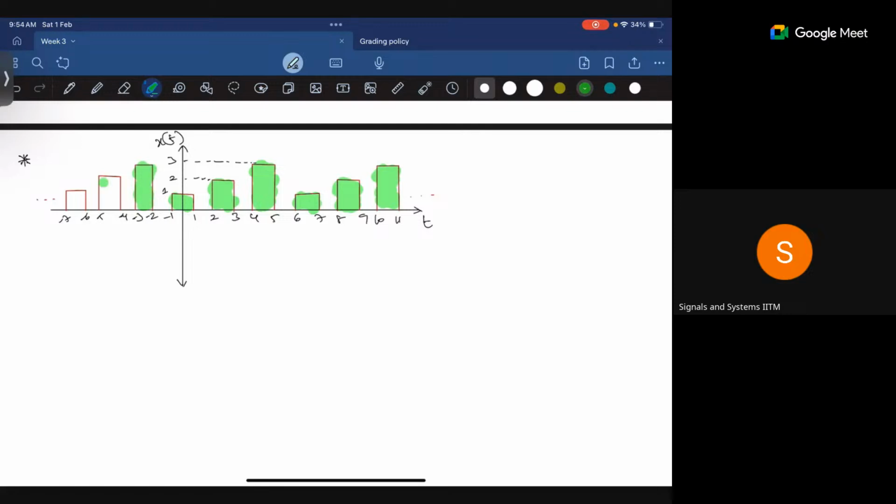So once energy is infinite, you are a little bit sure that there is a chance that this could be a power signal. Okay, so now how do I compute?